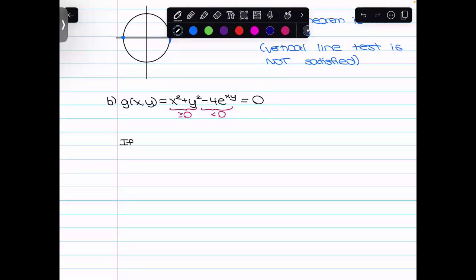So for example, if x is 0, then we have 0 squared plus y squared minus 4e to the 0. That's just going to be 4 times 1. And this is going to have solutions.